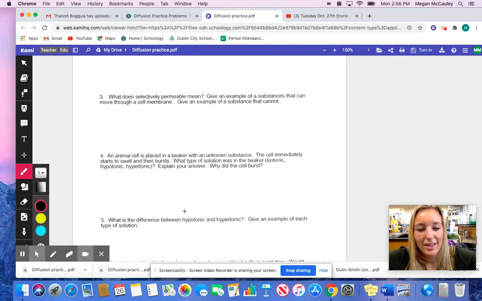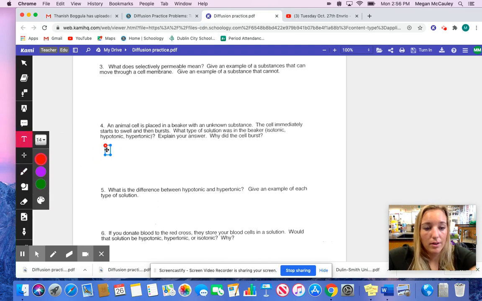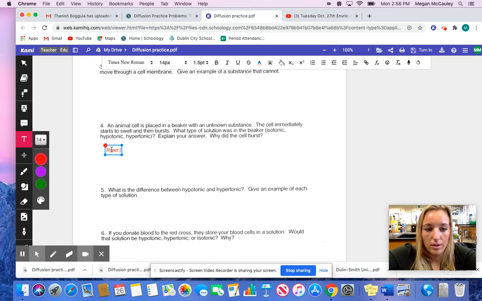Okay. Number 4 asks you to think about the isotonic, hypotonic, and hypertonic. So try your best with this one. Remember, hyper means more solute. Hypo means less solute.